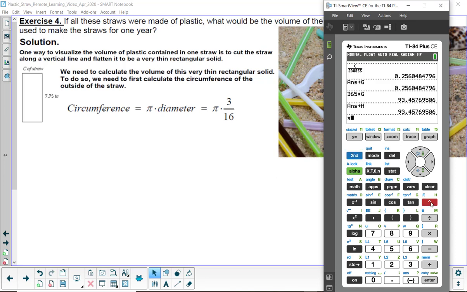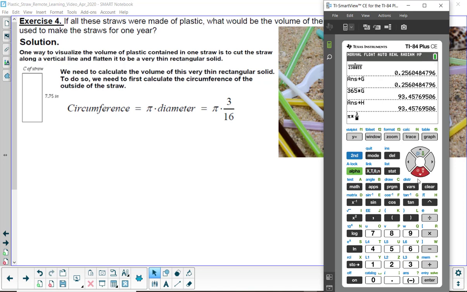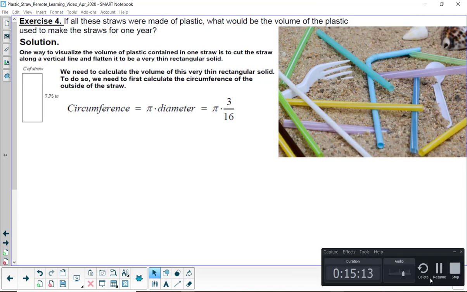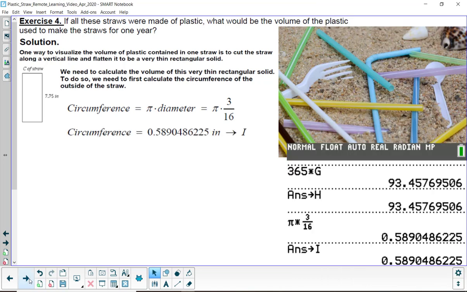So pi is second caret, times, and then the fraction template alpha x t theta n, 3/16. Enter. And that is in inches. That's the circumference of the straw in inches. And I'm going to store that into alpha letter I, which is the x squared key. And so there's the screenshot showing those calculations.